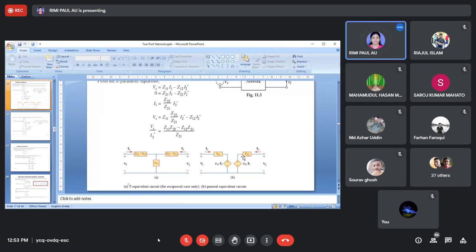In the second part, the output impedance Z22 is present, and the voltage source Z21 I1 is present. So the whole thing is a black box. You can find it out only if you know V1, I1, V2, I2. And this is the model for the reciprocal case only. That means if you take this, you can design this model. This is implemented here.